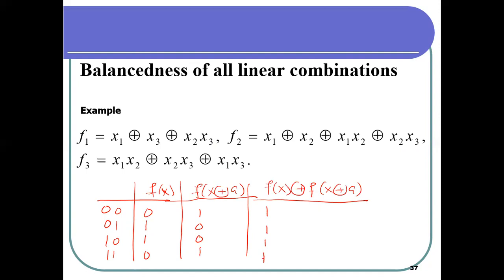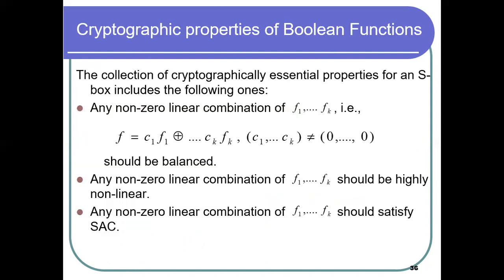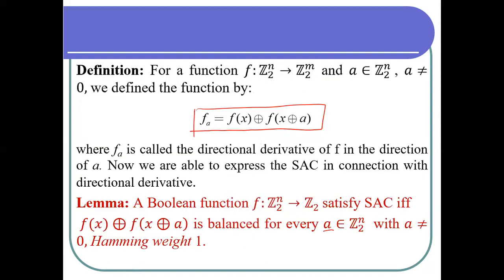If you can see, the number of zeros and the number of ones are not equal in the output of f of x XOR f of x XOR a. Going back to the slide, what does this definition mean? The function satisfies the SAC if and only if f of x XOR f of x XOR a is balanced.